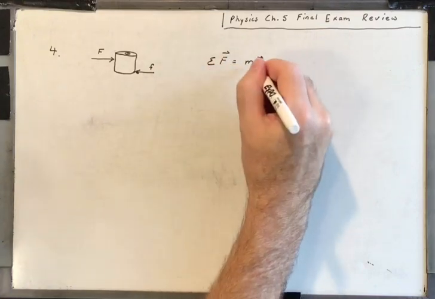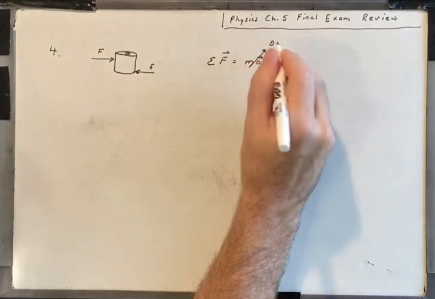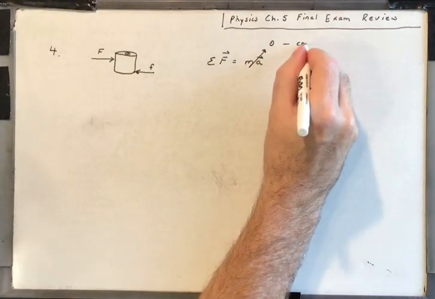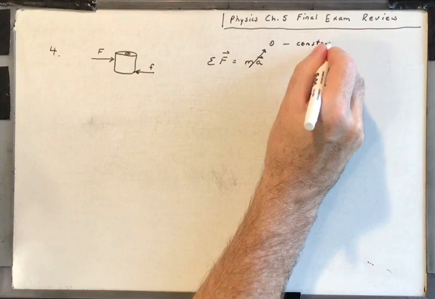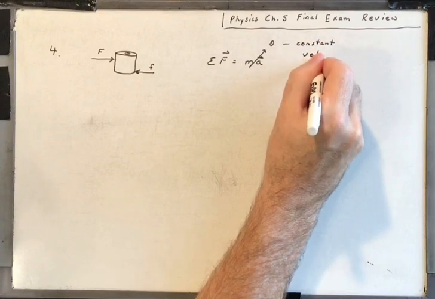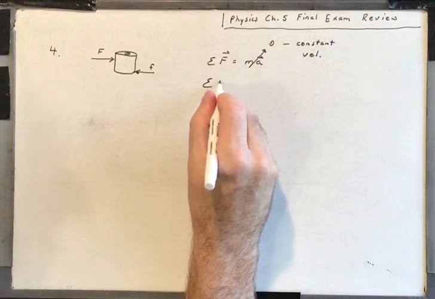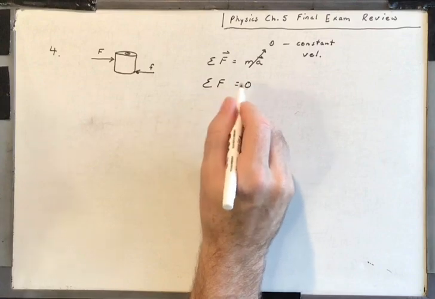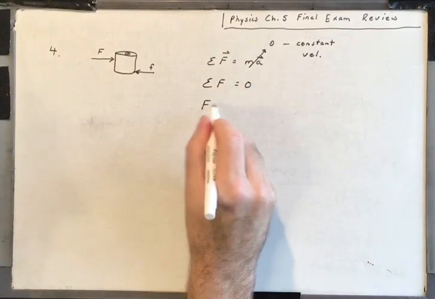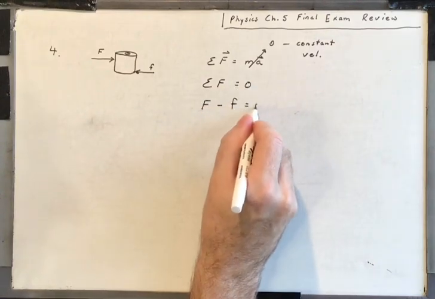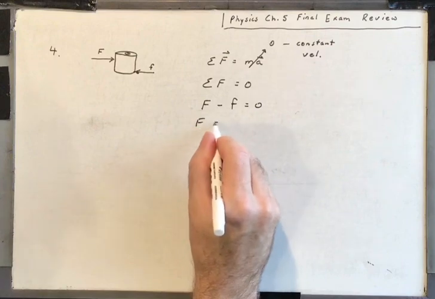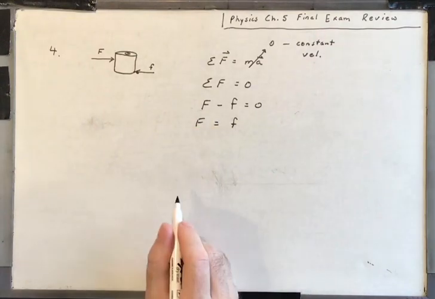But constant velocity means that is 0. So the sum of all the forces is equal to 0. So that means F minus f is equal to 0.